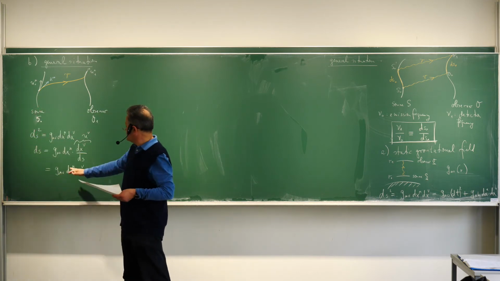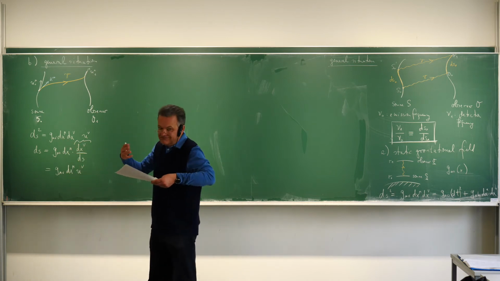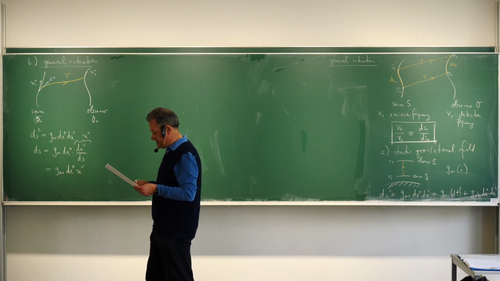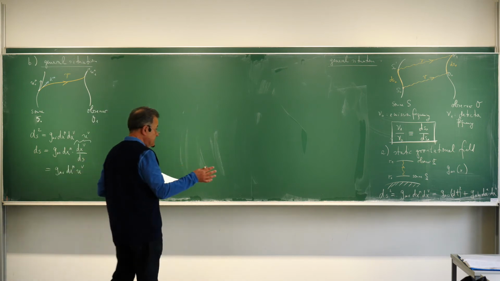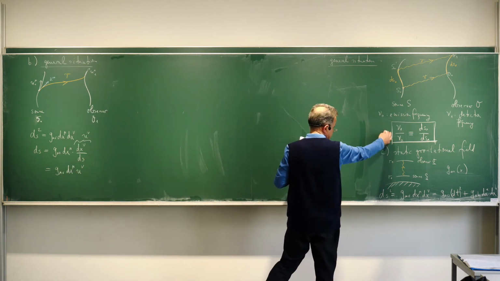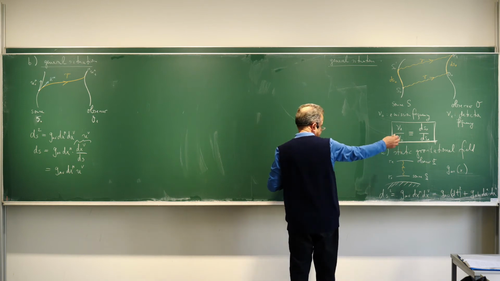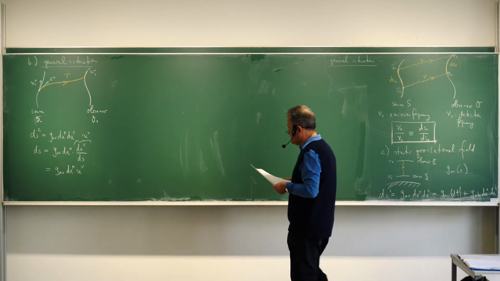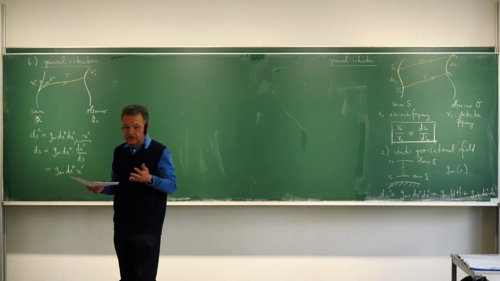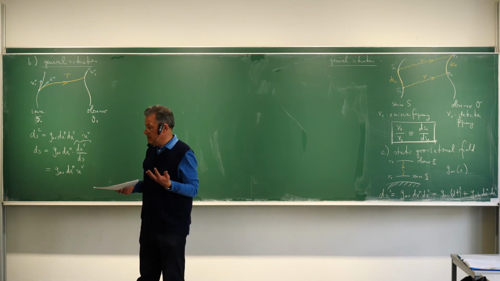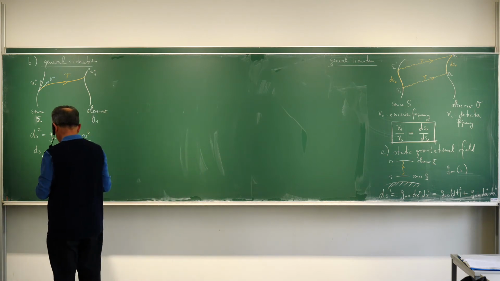So that is just what we find by rewriting the expression. So having this definition, nu1 over nu0 is ds0 over ds1. So the ratio of frequencies is inversely given by the ratio of proper times.